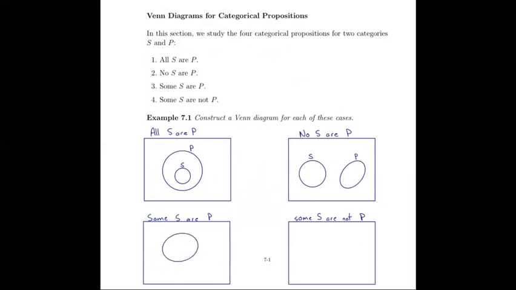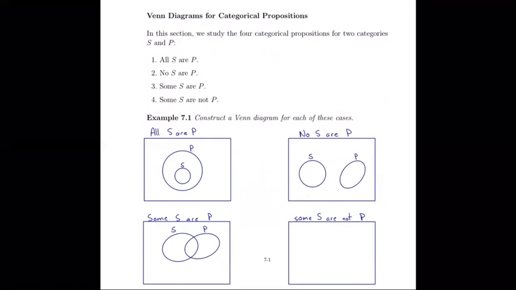We don't know if all the S's are contained in the P category, so we just have to keep it as general as possible. In this case, some S's right here are P as well. Okay. Some dogs are Labradors.